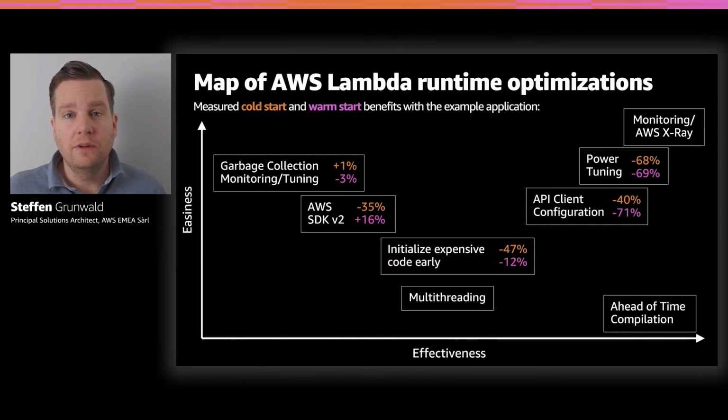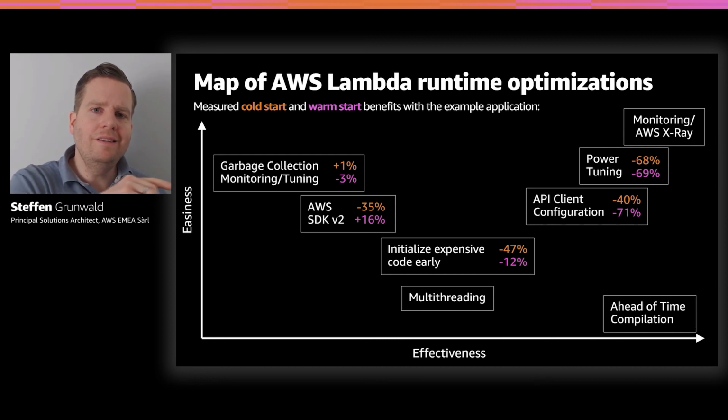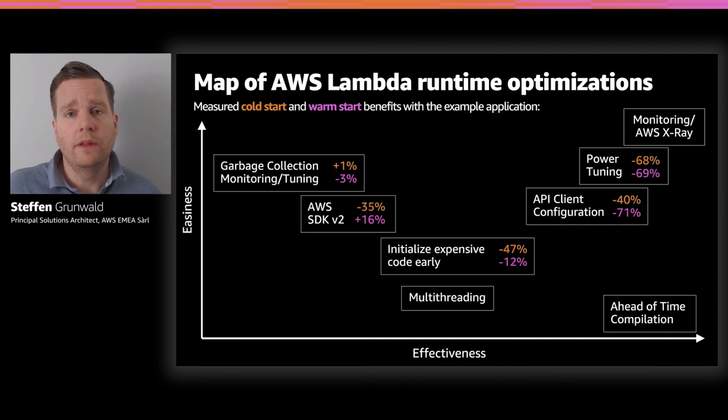I took the results and the experience from this experiment with the sample application and put it on this map, aligned to the easiness of the optimizations and also the effectiveness of the optimizations. And you should of course start on the top right with the quick wins.